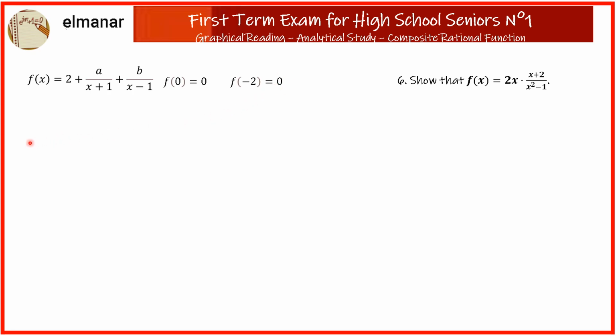Step 1. Solving the system of equations. We begin by substituting the 2 given values into the expression that defines the function. For x equal to 0, we obtain the result stating that 0 is equal to 2 plus a divided by 1 minus b divided by 1. When simplified, this leads to the first equation.